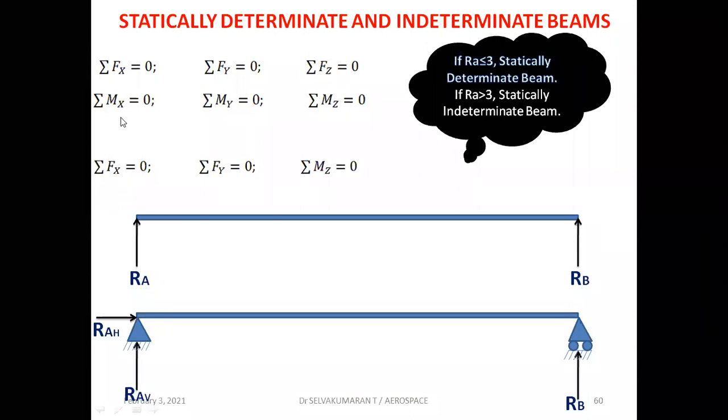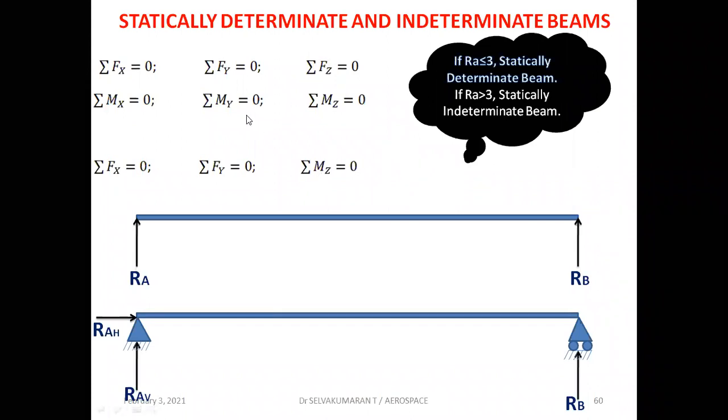And if you write the static equilibrium equation with respect to the moment, sigma Mx is equal to 0. That is, you are taking moment about the x-axis. So the algebraic sum of the moments of all the forces about the x-axis is equal to 0. Clockwise positive, anti-clockwise negative. This is a convention we have to remember.